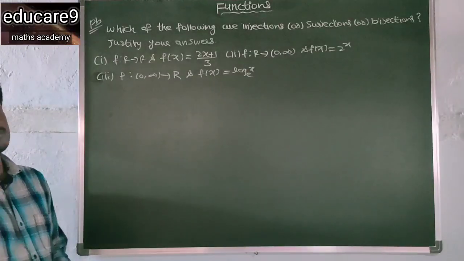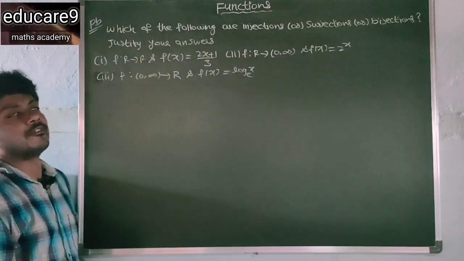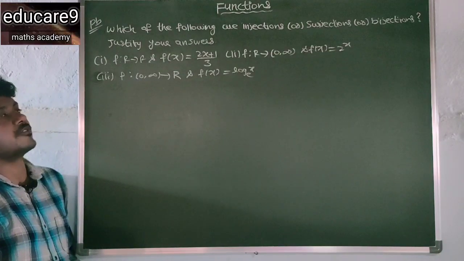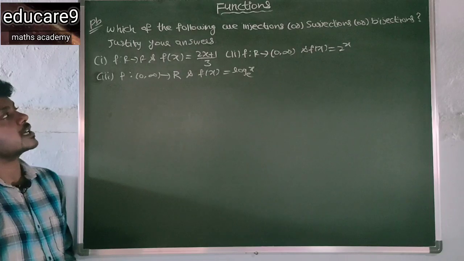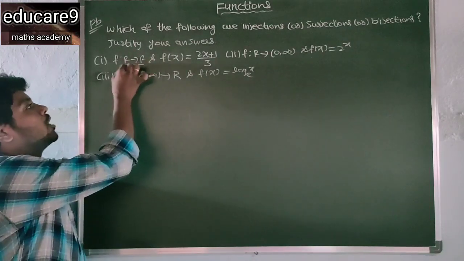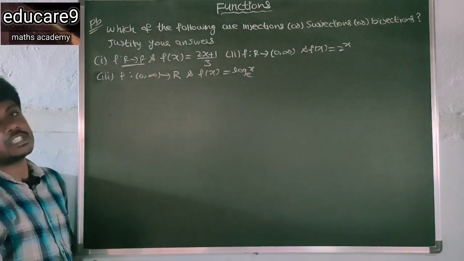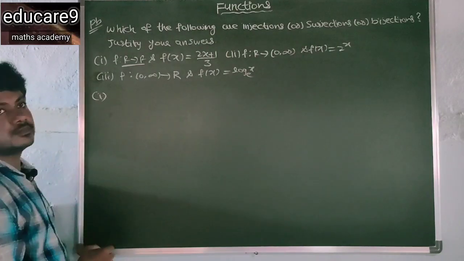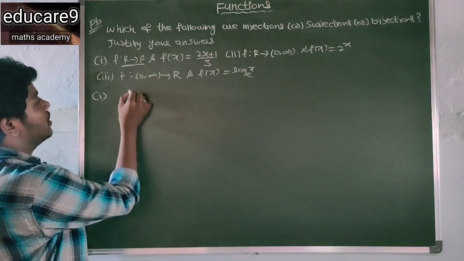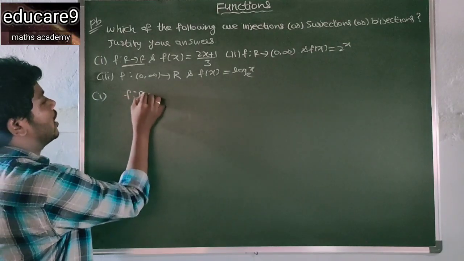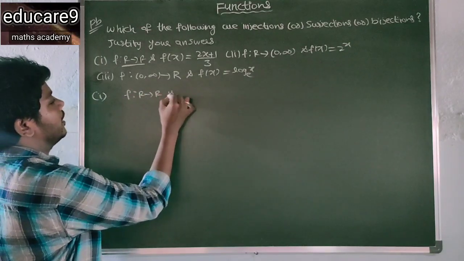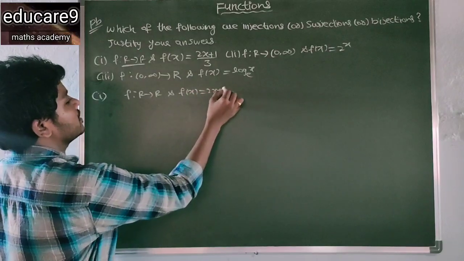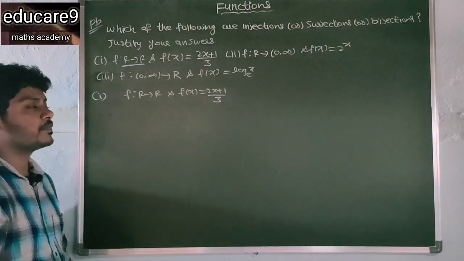Next one: which of the following functions are injection, surjection, bijection, and justify your answers. So the first one is f from R to R, and the function is (2x plus 1) by 3.